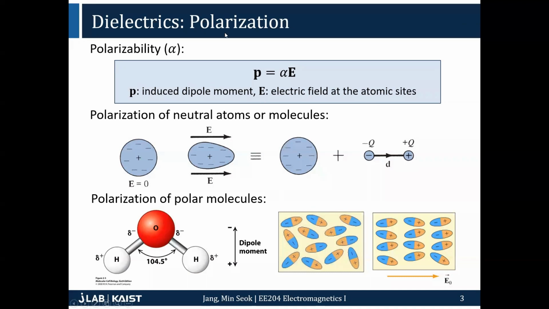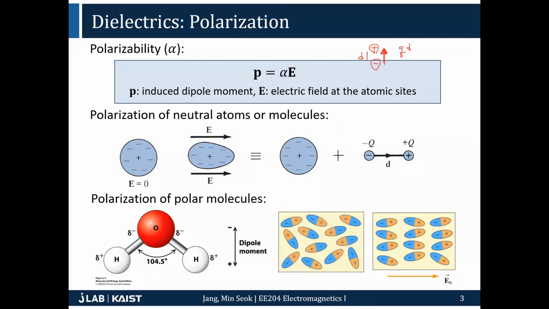You remember that we learned dipole. What was dipole? Dipole is plus and minus charges separated by distance d, and the dipole moment was qd, right? And the direction was like this.